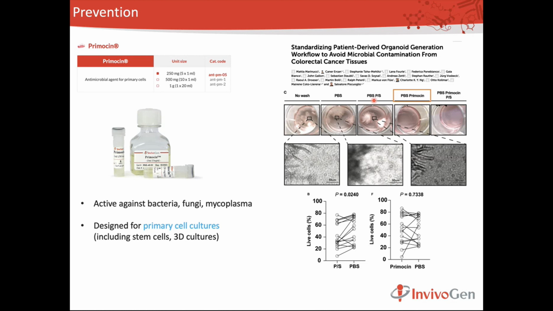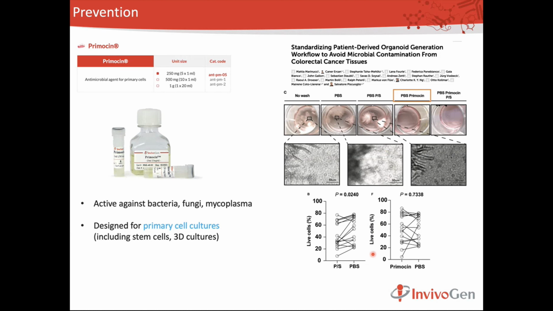But if we compare to this sample, adding only pen-strep, we can basically conclude that the effect of protection is not likely to come from pen-strep. So first, when you generate organoid samples, this publication shows that Plasmozine can help you protect the sample from contamination.